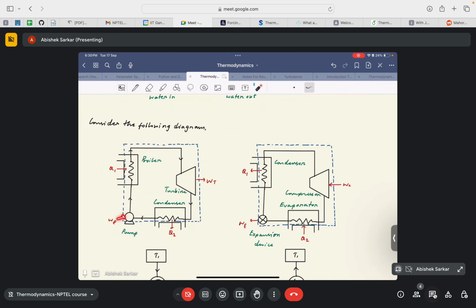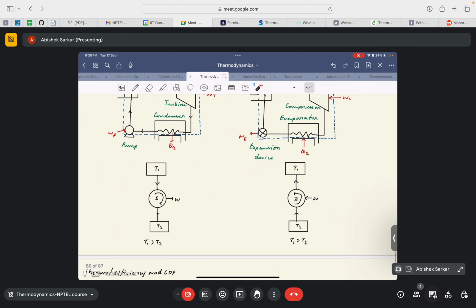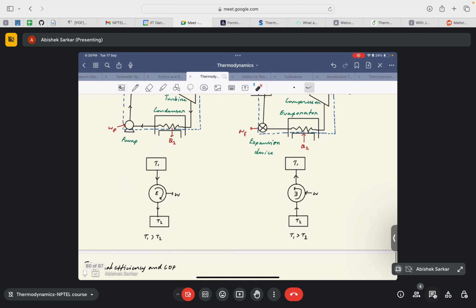Since we need to apply some work to pump this liquid from the condenser to the boiler, there is some work input into the system. Or in a very simplified fashion, you can denote this direct heat engine like this: from the thermal energy reservoir T1, which is at a higher temperature, T1 is greater than T2, there is a heat interaction Q1 with your heat engine.